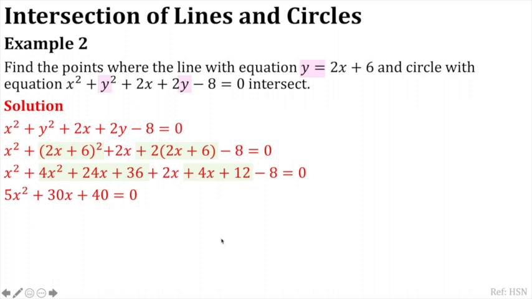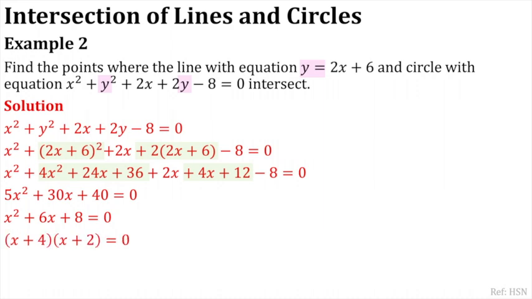So we've now got a quadratic equation, 5x squared plus 30x plus 40 equals 0. Now you'll notice that there's a common factor of 5 here, so I'm going to divide throughout by 5, leaving me with x squared plus 6x plus 8 equals 0. And that just makes the process of factorising that bit easier, because it's now a unitary coefficient of the x squared term.